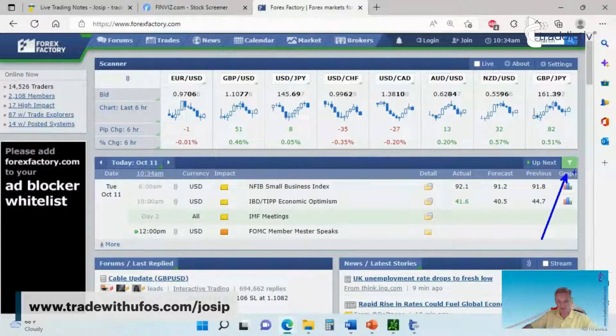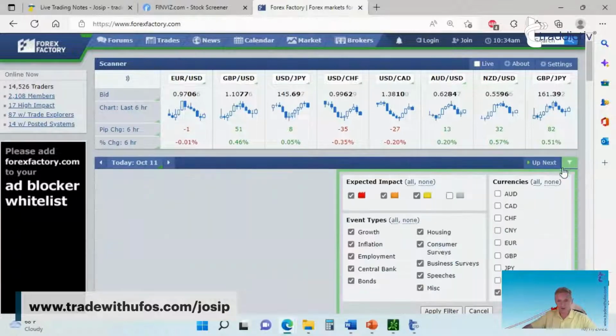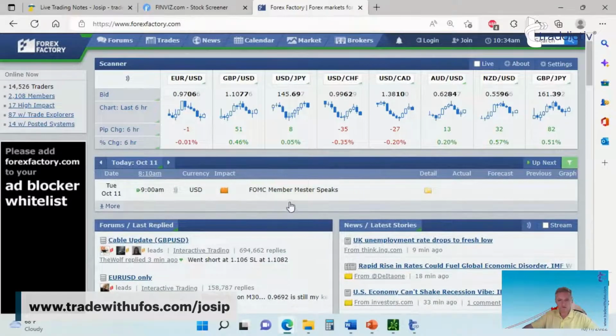So when you click this icon, you would get the yellow, which is not very important. It's low impact. So if I uncheck the low impact and then apply it, and in terms of the currency, I uncheck all the currencies, and then I close this. There was just one of the Fed heads speaking today, and this is all that it was.